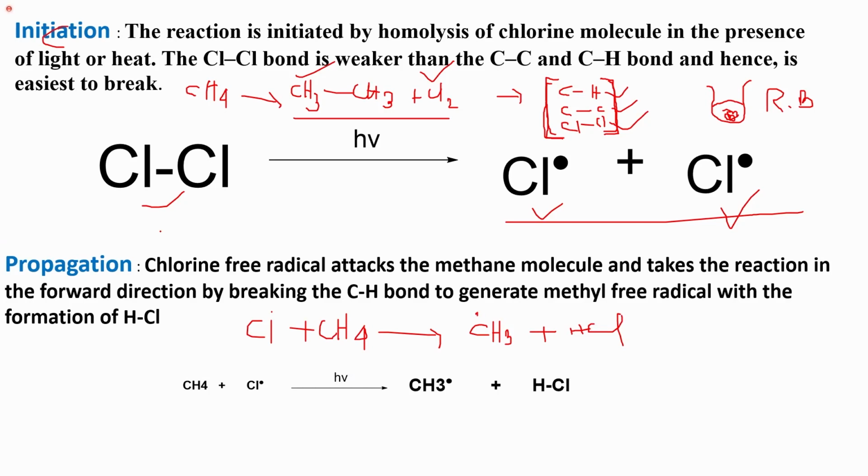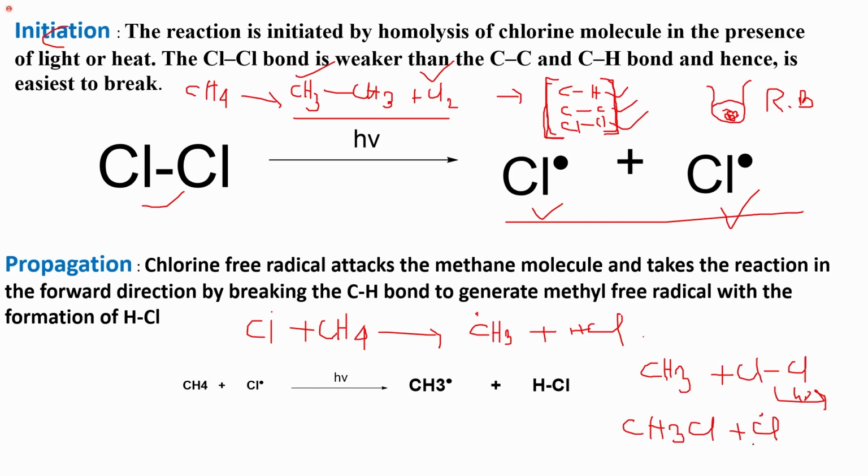Again you have another chlorine molecule, Cl2. So you have CH3 dot and a chlorine molecule, Cl and Cl. Under photolytic condition, it forms CH3Cl plus Cl dot.